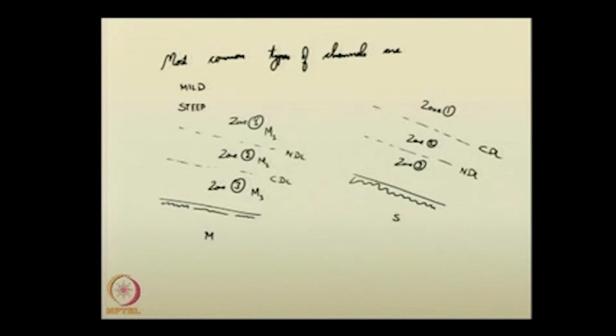This is a steep slope channel. You can also give the corresponding water surface profiles: if the water surface exists in this zone, those water surfaces are considered as S1 profiles. Here in this zone, it is considered as S2 profile, and here in this zone, it is considered as S3 profile.